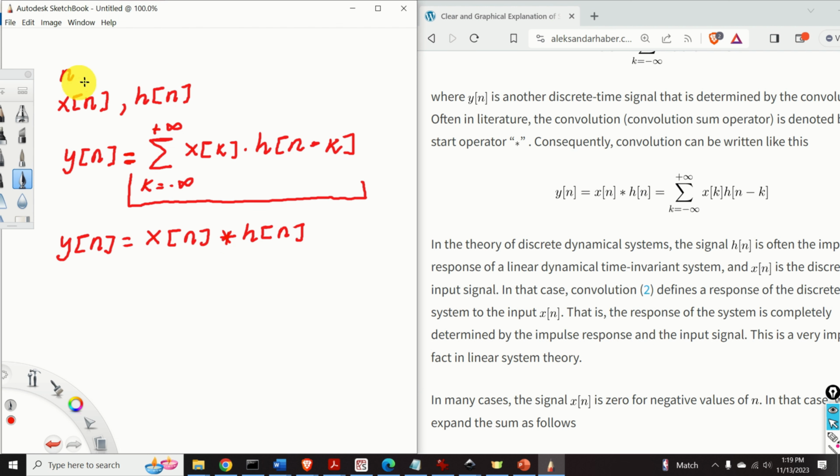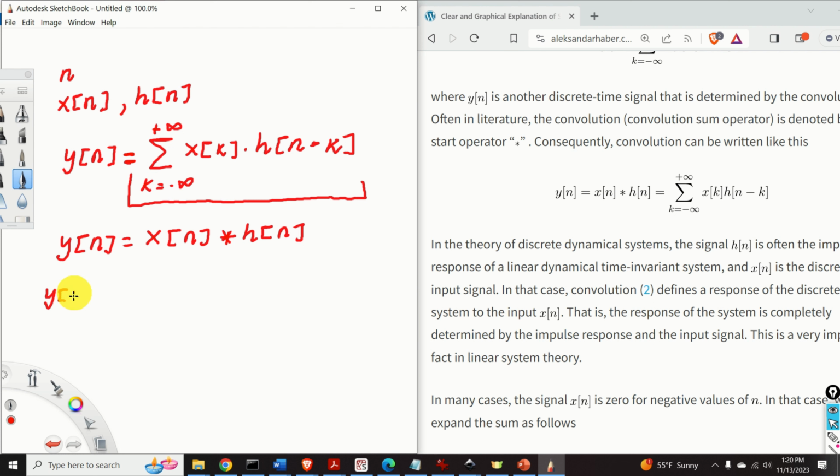In this form, this sum looks very abstract and complex. However, in practice, it's not. Let us write the first few terms of this sum. For simplicity, we will assume that x of n is 0 for negative values of n. If that's the case, we can expand this sum like this.